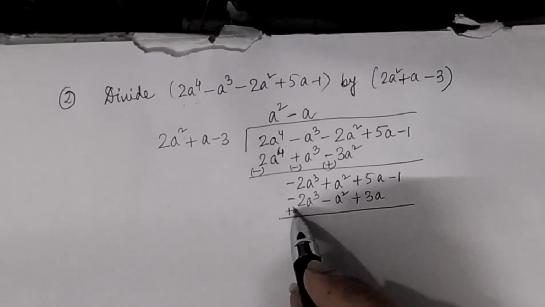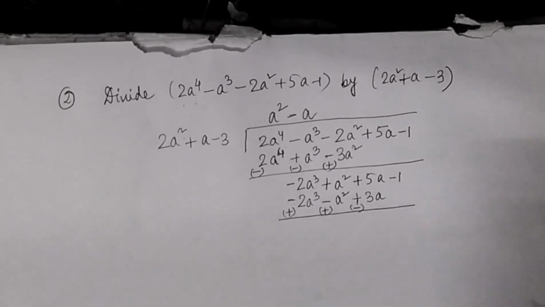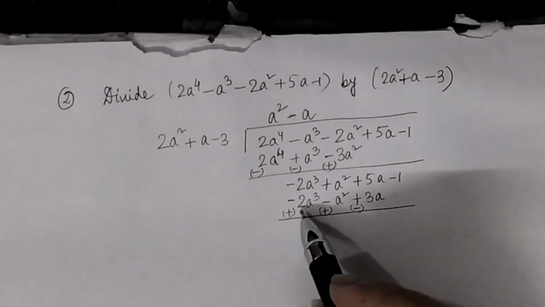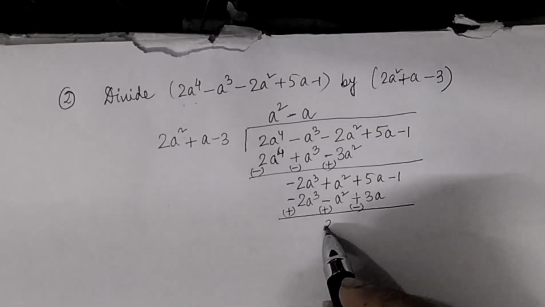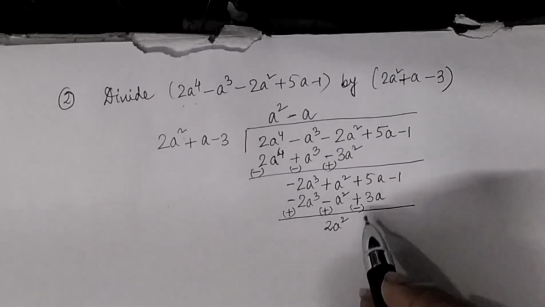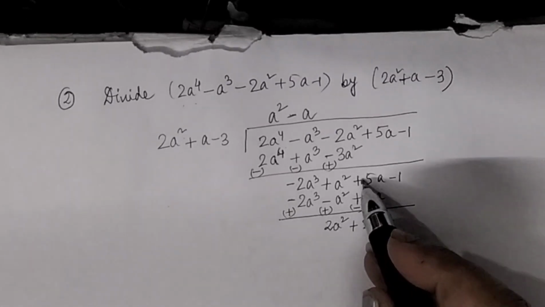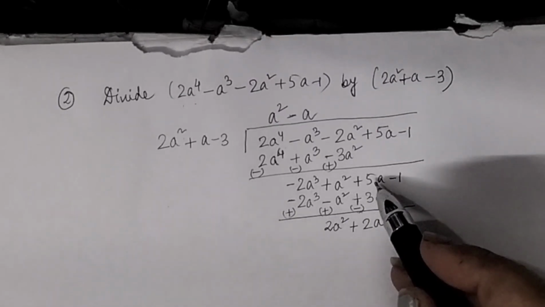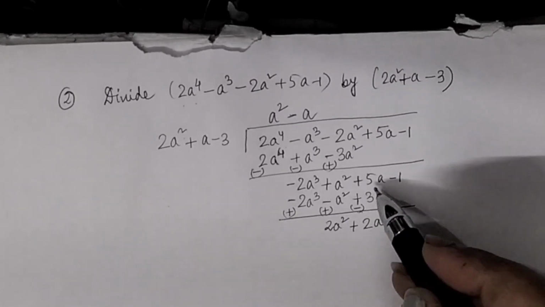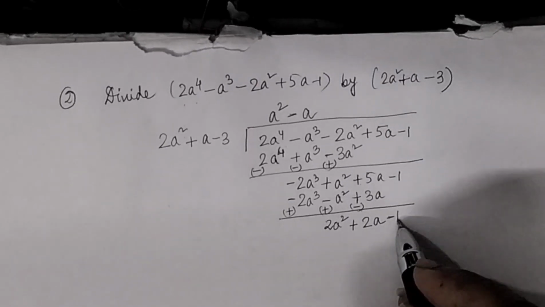Now the same procedure, we have to change the sign of the terms of the second row because we are subtracting, and hence we find that these two terms are eliminating each other, and here we will get 2a square and this is plus 2a. After subtraction, 5a minus 3a will give us 2a. Sign before the greater one is plus, so it is plus minus 1.